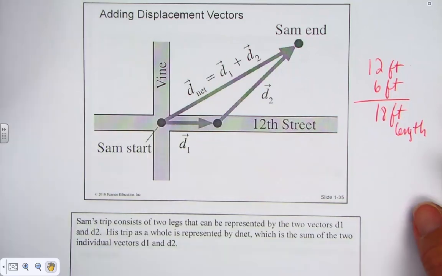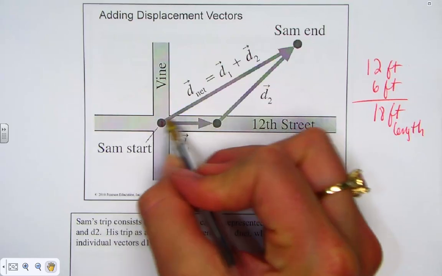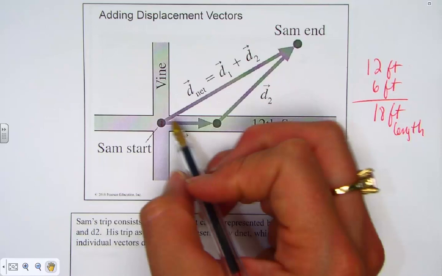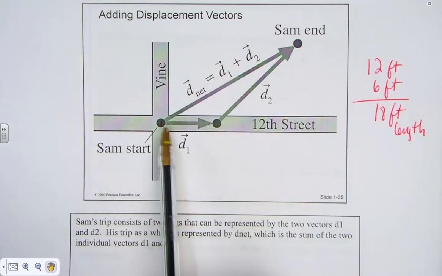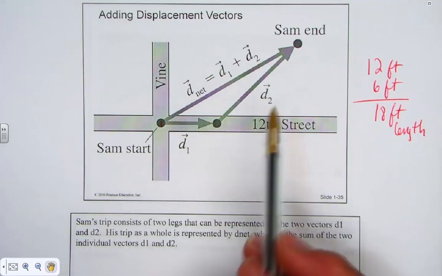Here's an example, and again, if you're looking, this is the top of page 19 talking about Sam. Sam undergoes 2 displacements. If this intersection of a street, 12th Street and Vine Street, is the point of origin, it shows Sam's journey beginning along an x-axis coordinate from the origin, and he heads a certain distance heading east.